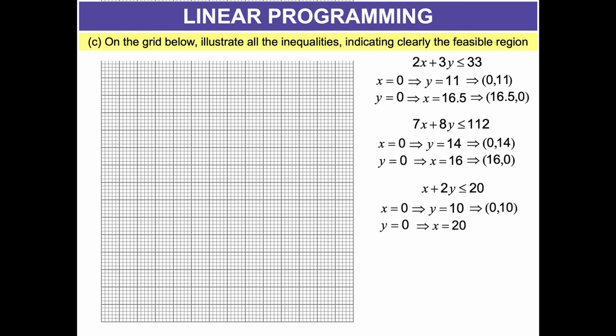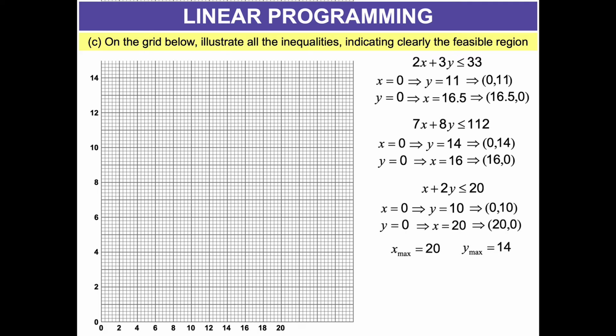And for the third one, I have 0, 10 and 20, 0. This actually helps us to decide the scale that we need to use on the x-axis and y-axis. Because the maximum value on the x-axis is 20 and the maximum value on the y-axis is 14, you can decide on the scale and then sketch each bordering line one by one.